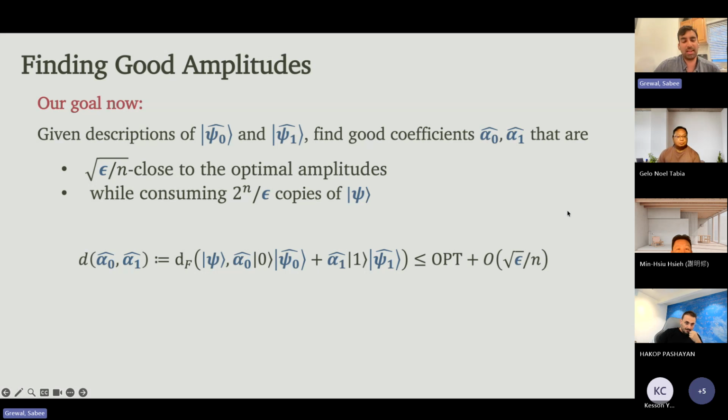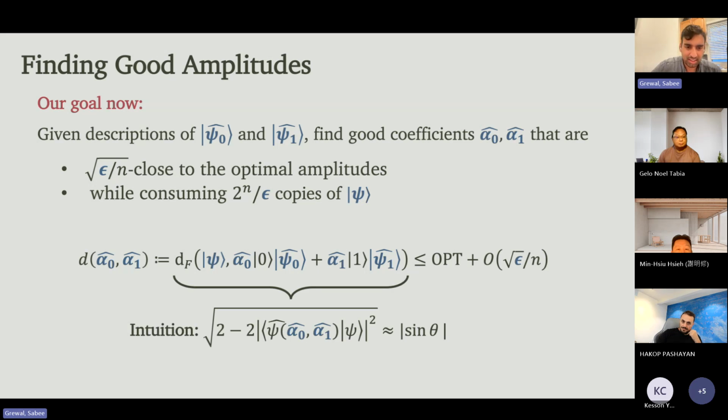Now, the intuition about how you do this is actually not so bad. The intuition is that this Frobenius distance for pure states is actually a function of the fidelity between the pure states. So we have the magnitude squared of the inner product of these two vectors.